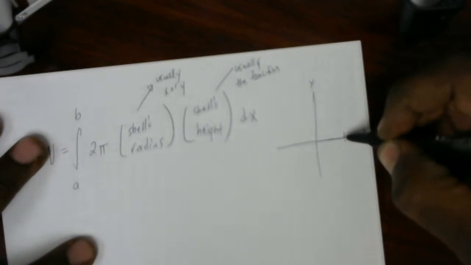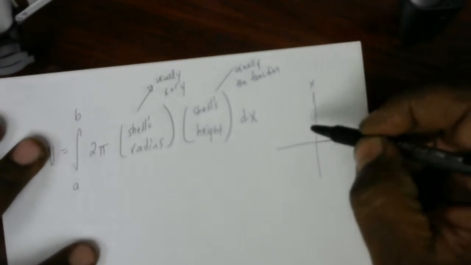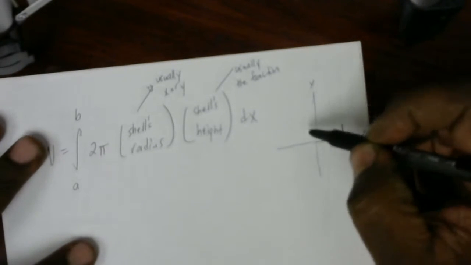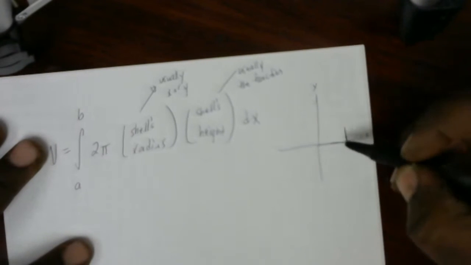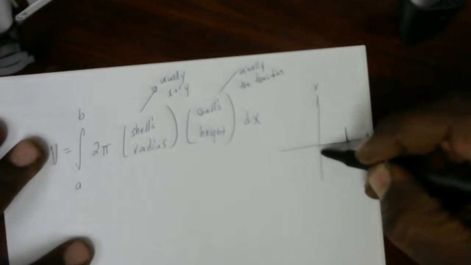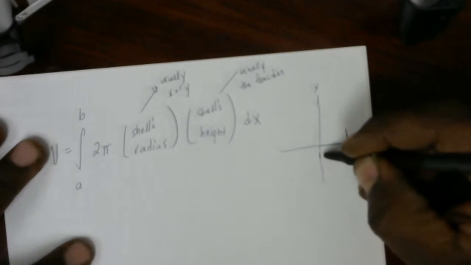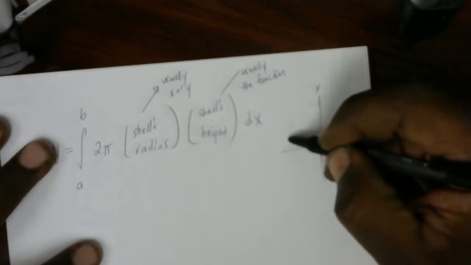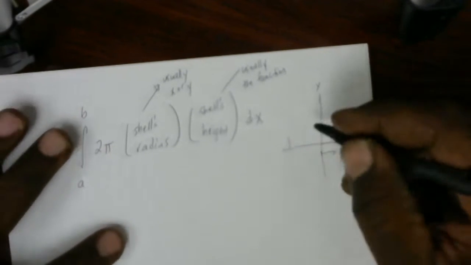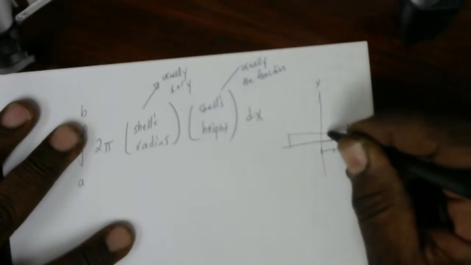I'm going to arbitrarily draw a point here. If I'm looking at a shell, I'm going to have a radius, and the radius is going to depend upon the value for x. We also have a height.